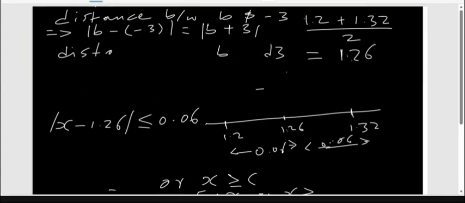And that is what we are looking for. The distance between x and the midpoint of the two extremes is less than or equal to 0.06. Do you understand?